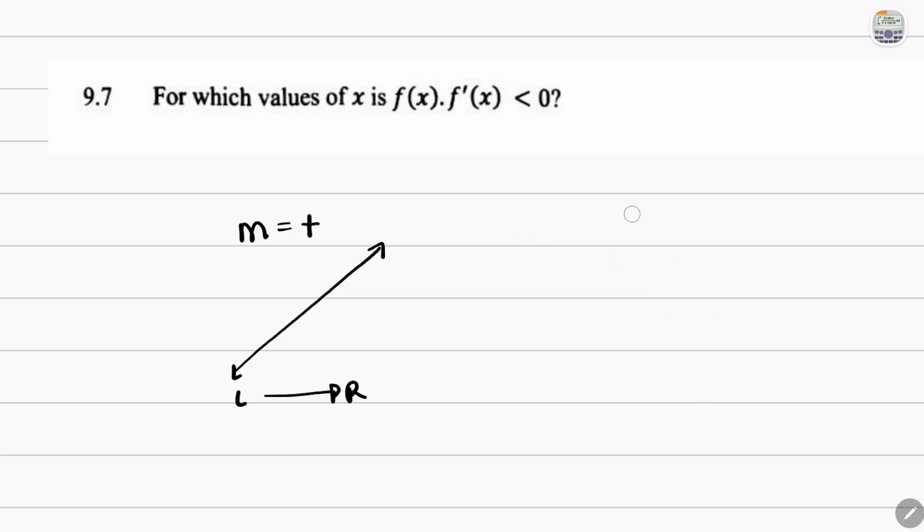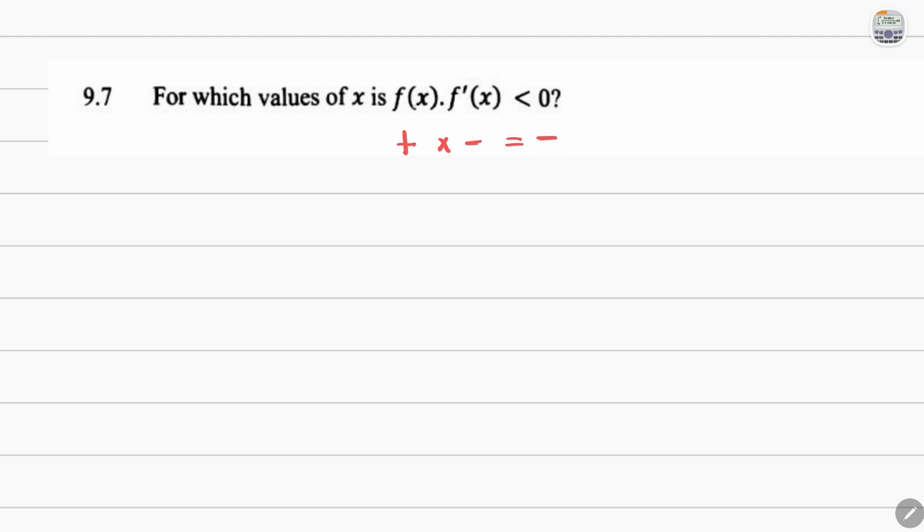So how you can just see this is they're asking you, for which values of x will you have f of x? F of x stands for the y values of f. So where will the y values of f multiplied by the gradient of f be negative, less than 0? So let's look at the possibilities. If we want to get negative values here, we can either look for places where f of x is positive, and then we multiply it by f prime of x, which is negative, then you would get a negative value, a value less than 0.